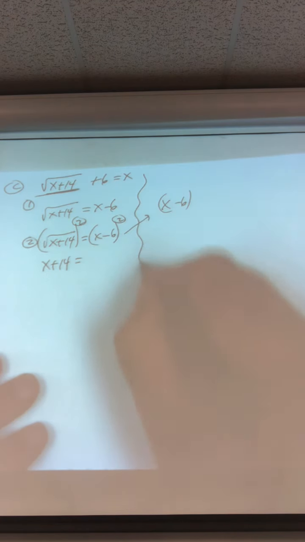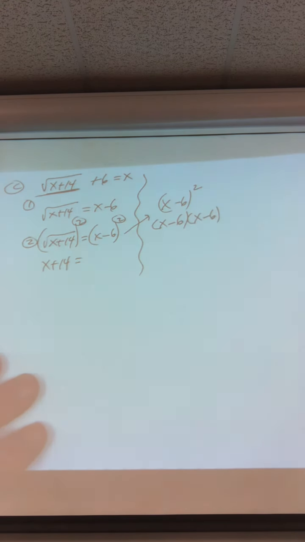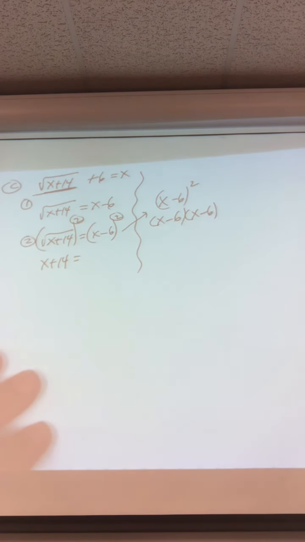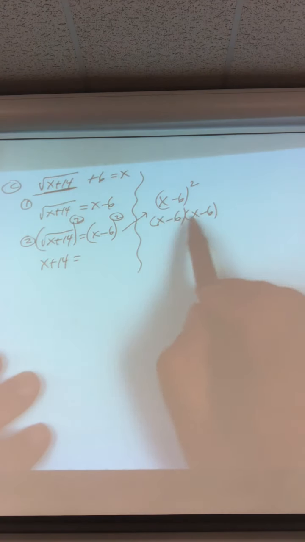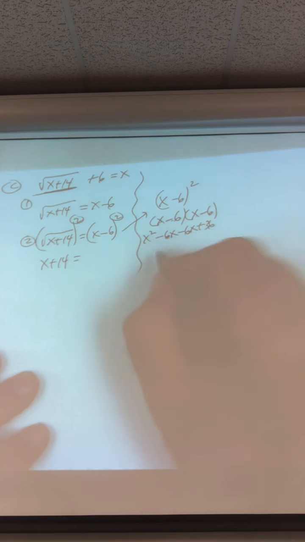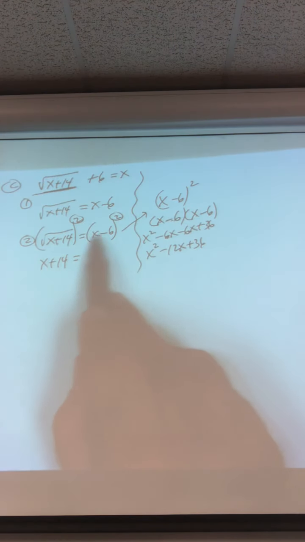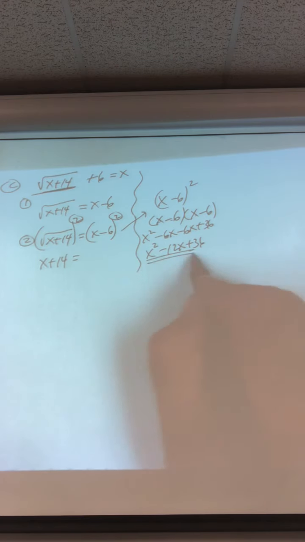This is my scratch work. Remember, if you take x minus 6 and square it, you have to write it out twice and do the FOIL method. So this is x squared minus 6x minus another 6x plus 36, which is x squared minus 12x plus 36. So when you square this binomial, you get a trinomial.